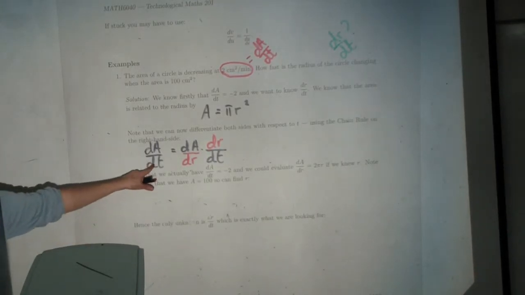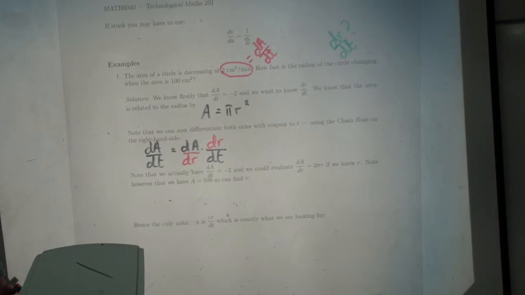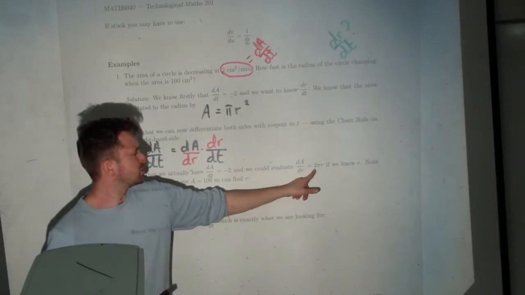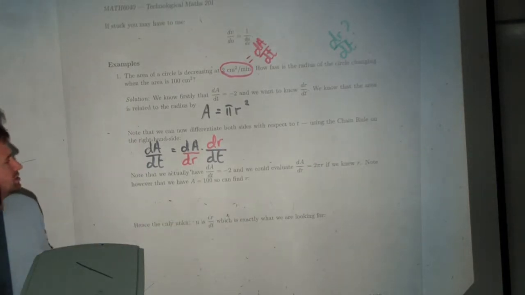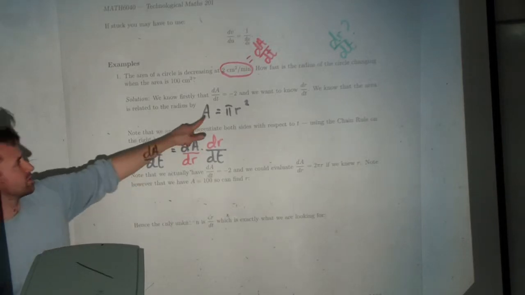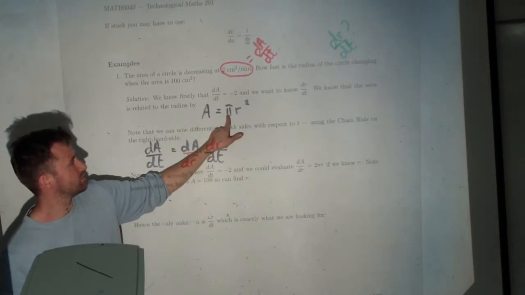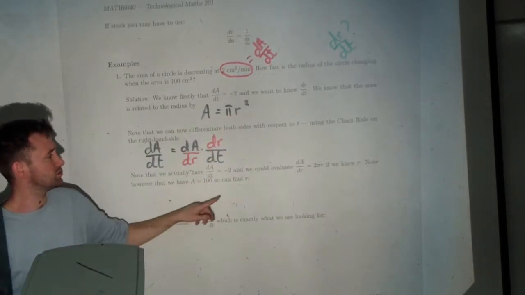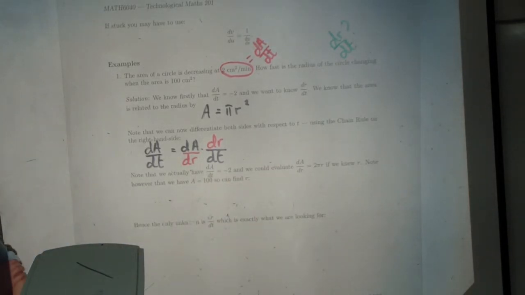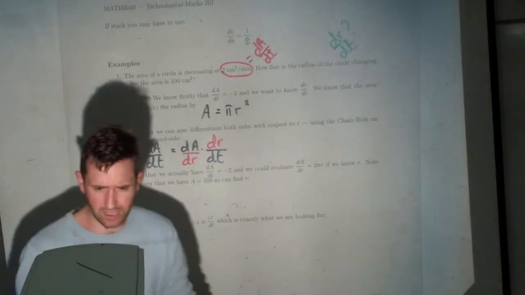We have this is -2. How did I get dA/dr is 2 pi r? Differentiate the area with respect to radius. So fix the pi, it'll be pi by 2r, which is the same as 2 pi r. And we would know that if we knew the radius. So maybe we'll just write down that we know this.